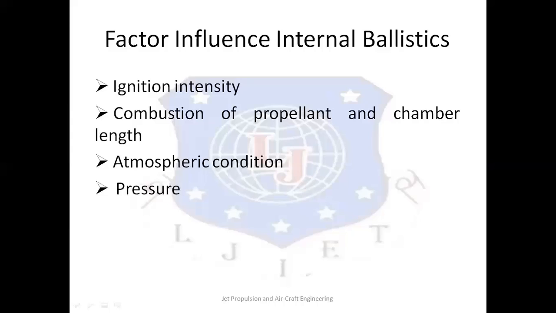Similarly, the pressure also has an impact on the internal ballistics. The surrounding pressure: if we have a higher pressure of the atmosphere or inside the combustion chamber, we can achieve high velocity. So it has a greater impact on the internal ballistics as well.